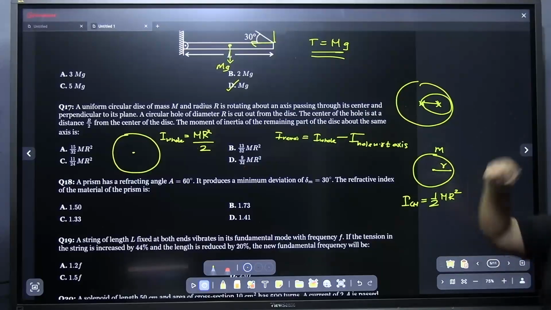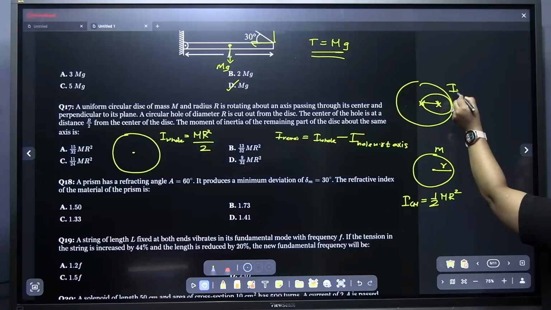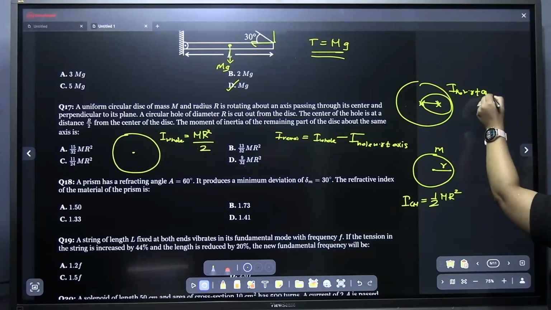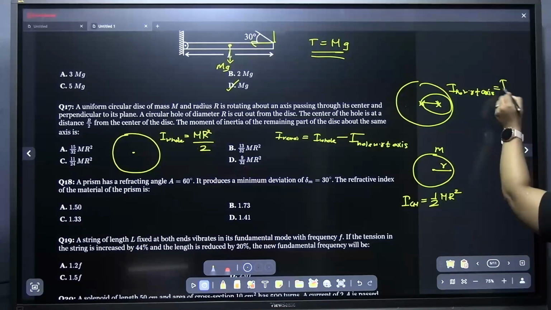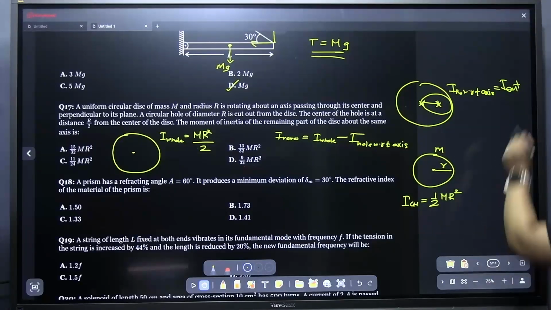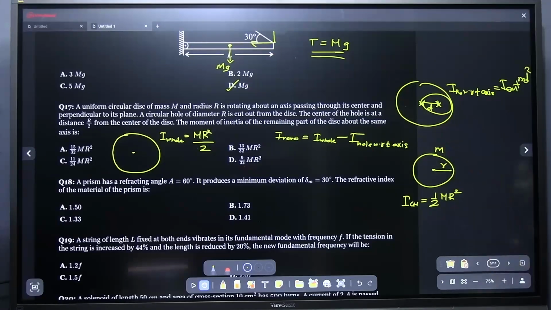So with respect to that we have to find it. I of hole with respect to the axis of rotation is equal to I CM plus m d square. This distance is d. This is the parallel axis theorem that we are applying.